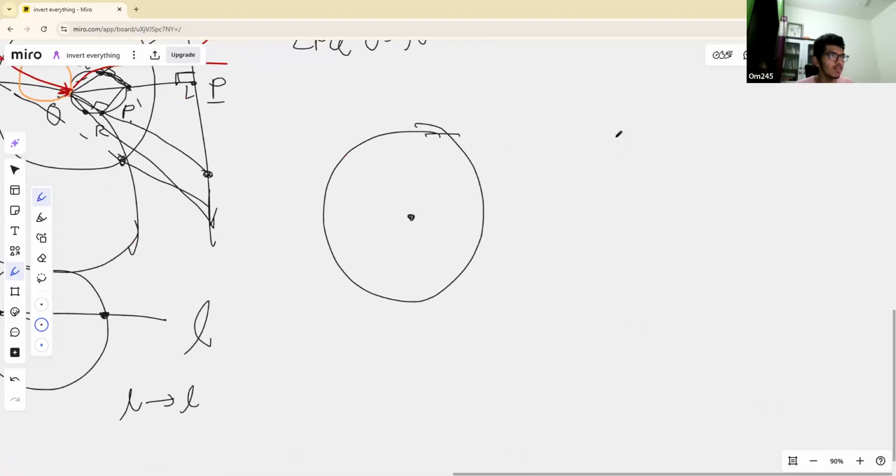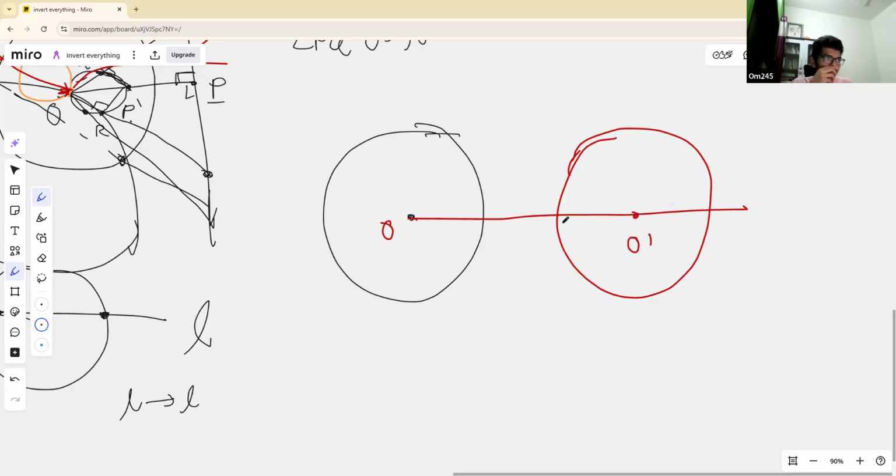The catch is, suppose you consider some circle like this, which does not pass through the center. Suppose this center is O dash and you draw a line. If the points are A and B, they should map somewhere here, right? A dash, B dash.